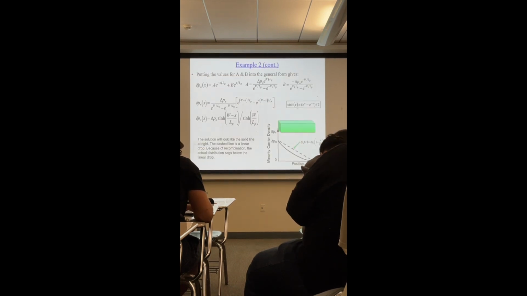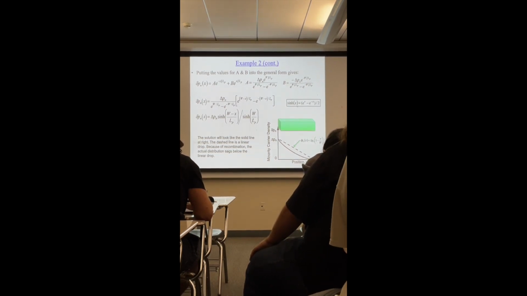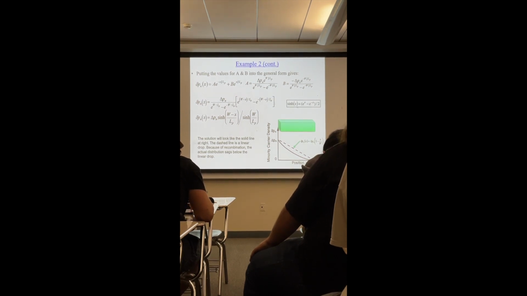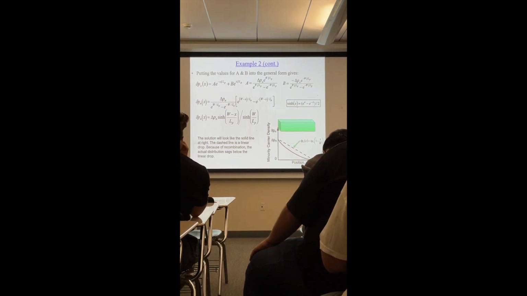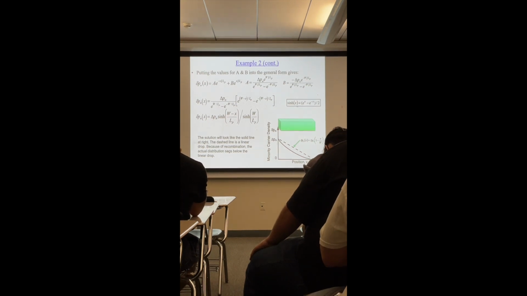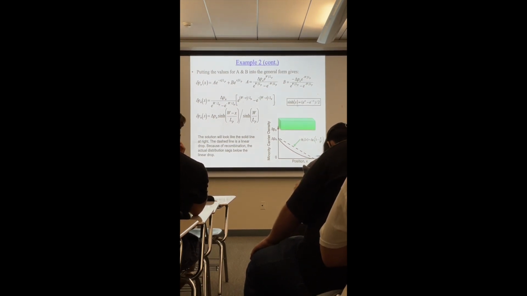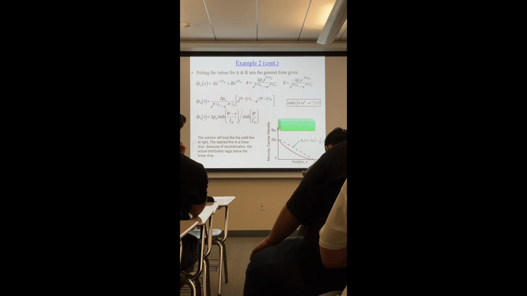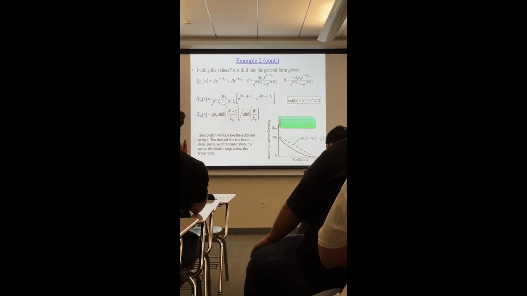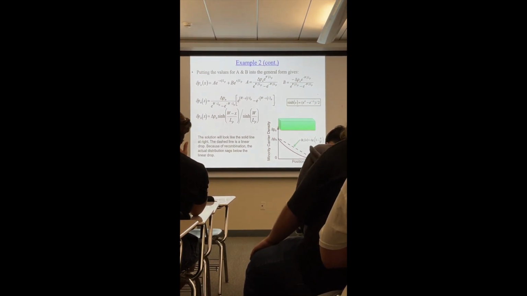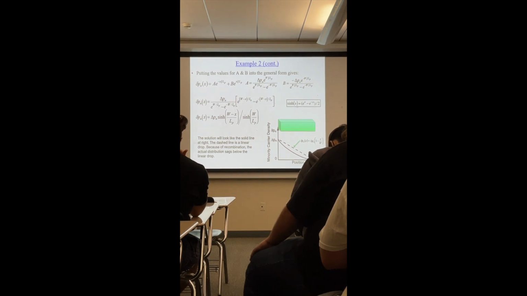And just plug in. Sorry, this is the solution, not the general solution. This is the solution for delta Pn. Here we can factor out delta Pn and the exponential of W over LP minus the exponential of negative W over LP.